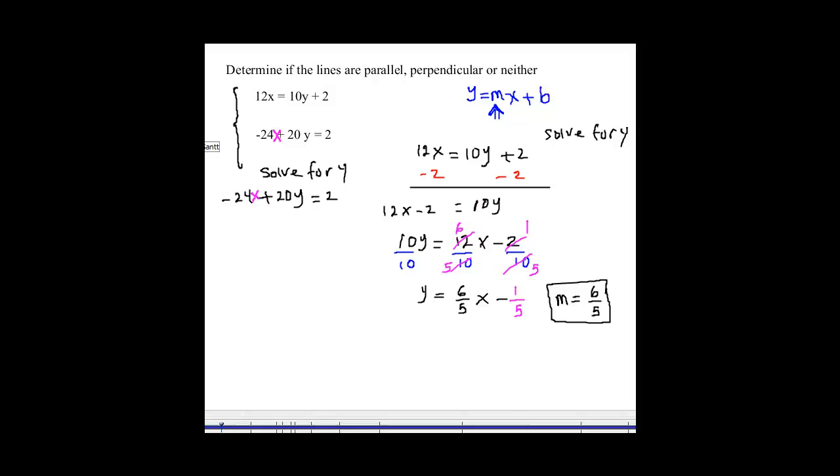Alright. To solve for y, there's an x here that's missing. So here we have to add 24x to both sides of the equation.